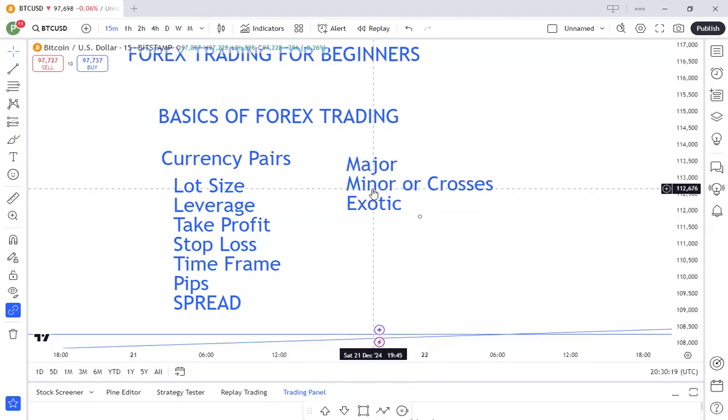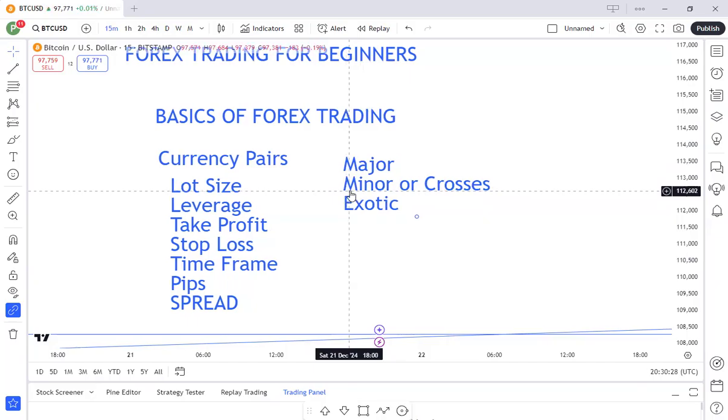Why the minor currency pairs? These are currency pairs that don't include the USD at all.